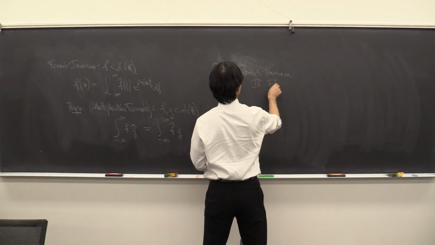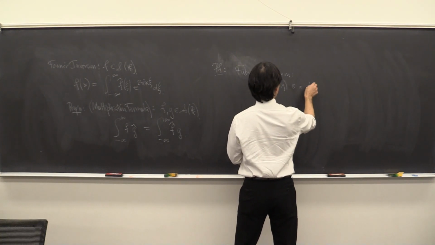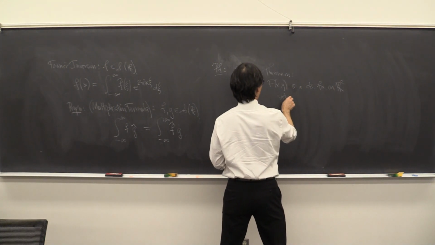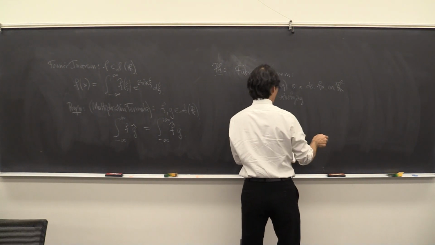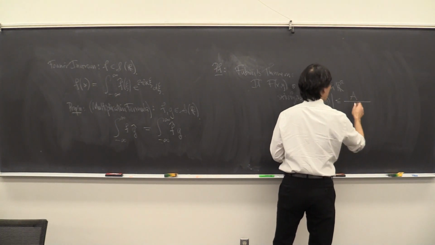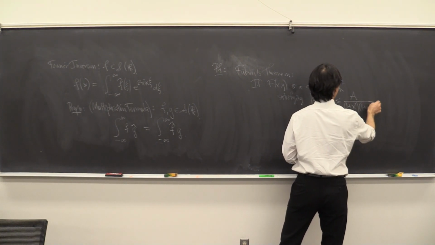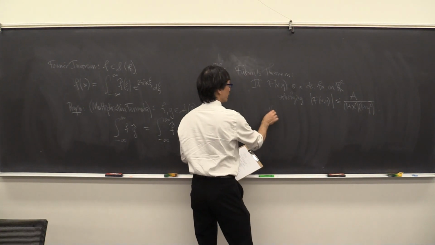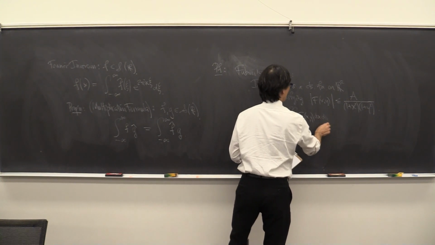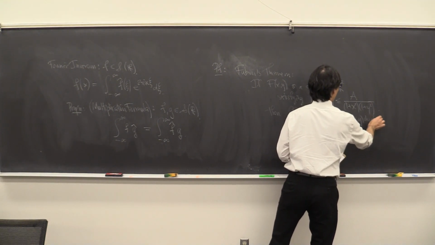If f is a continuous function on R2 satisfying this decay condition, which is sort of like moderate decay in each variable, so 1 over x squared, 1 over y squared, then you can change the order of integration. So if you're integrating dx dy, you can change that to dy dx.